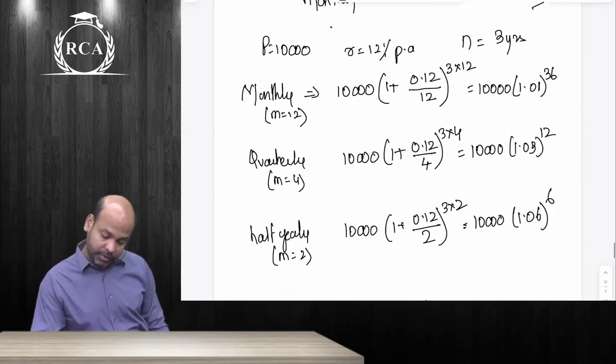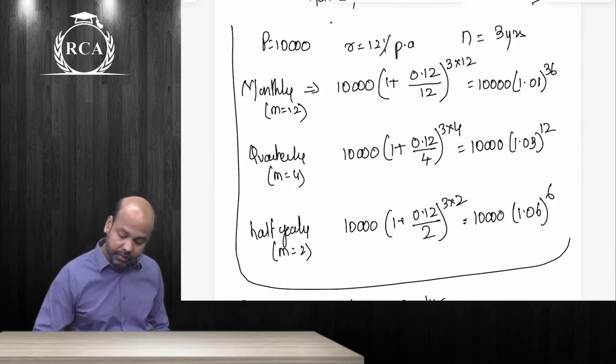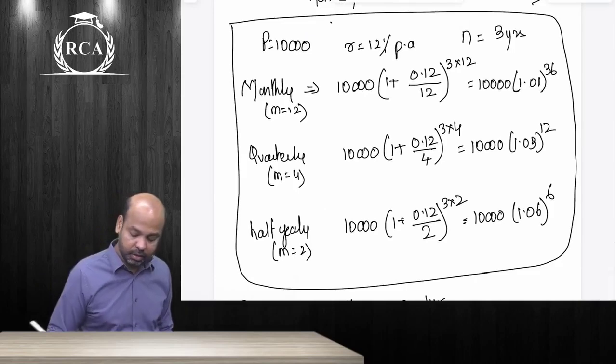ये लिखो बेटा उसके बाद में. This part. Principal 10,000, rate of interest 12%, time period 3 years.